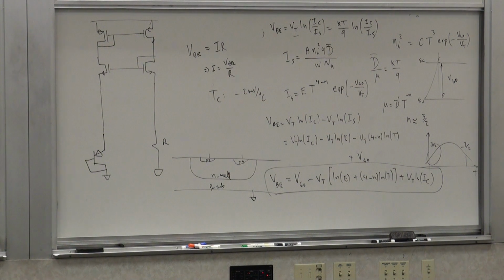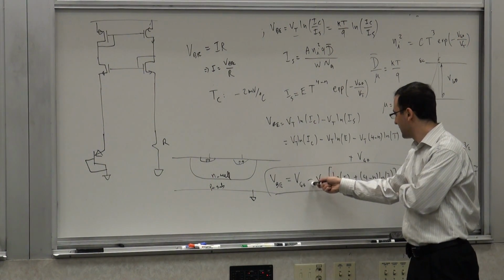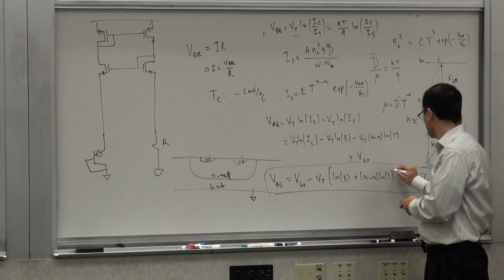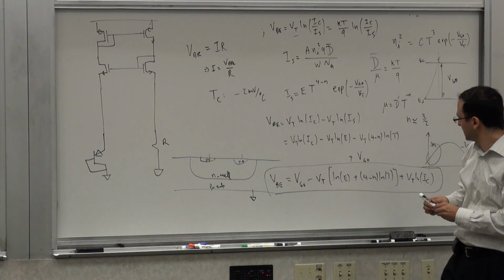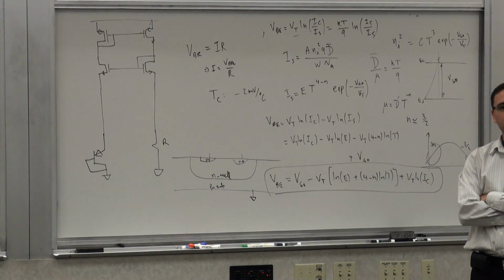Now look at it. Does it have a positive or negative temperature coefficient? This is a constant. It's a minus sign in front of this term. It depends on the temperature.